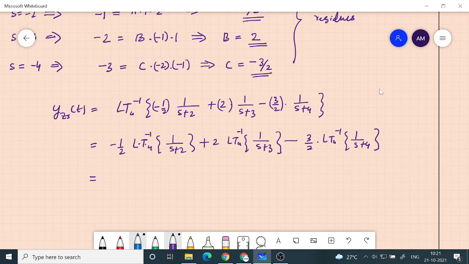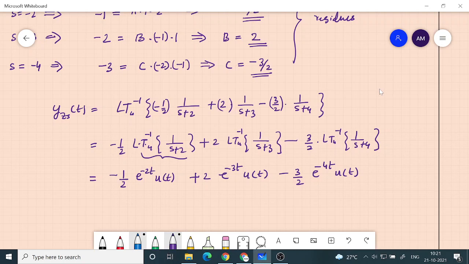So this is going to be equal to what? What is the Laplace transform inverse of this term? It is minus half e raised to minus 2t u of t plus 2 e raised to minus 3t u of t minus 3 by 2 e raised to minus 4t u of t.